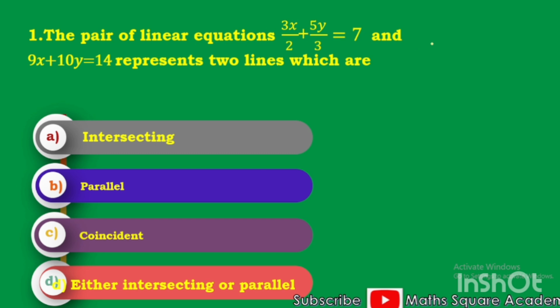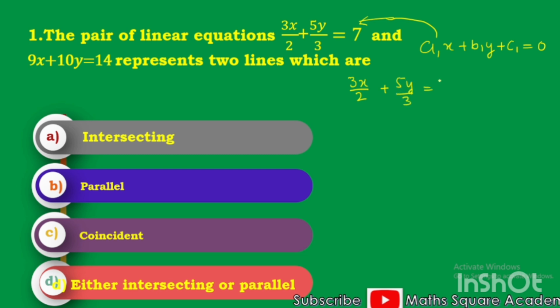We know how to write a standard pair of linear equations in standard form, that is a1x plus b1y plus c1 is equal to 0. So we have to write the given equation in this form, right? For that, we have 3x upon 2 plus 5y upon 3 equal to 7.